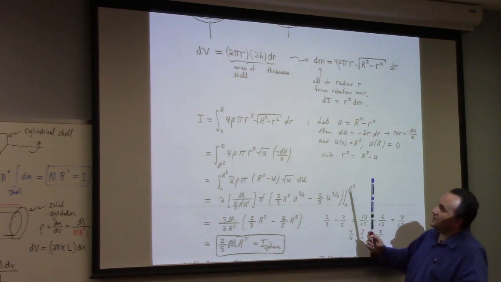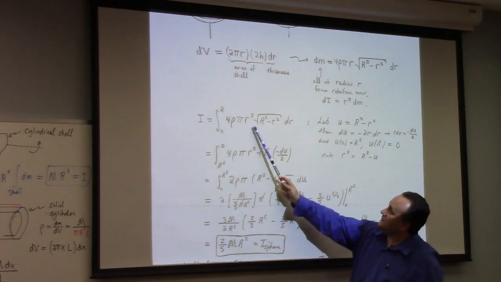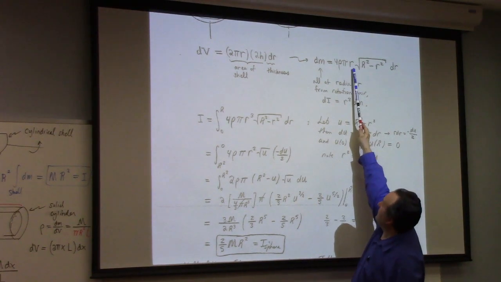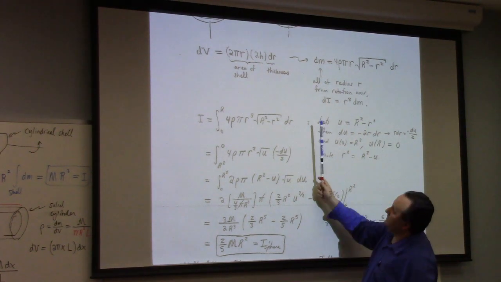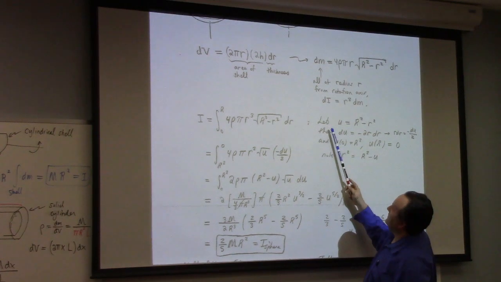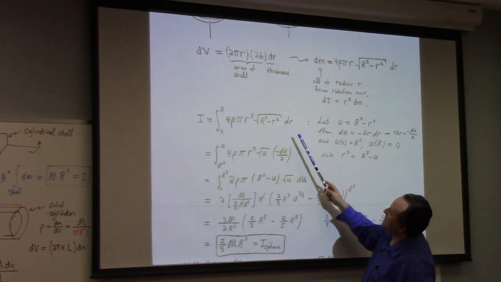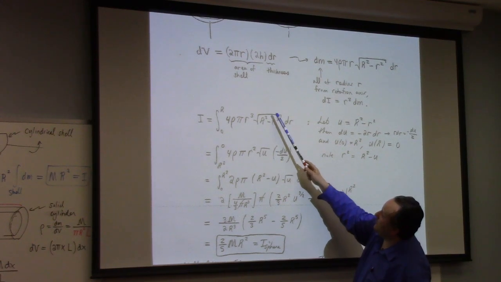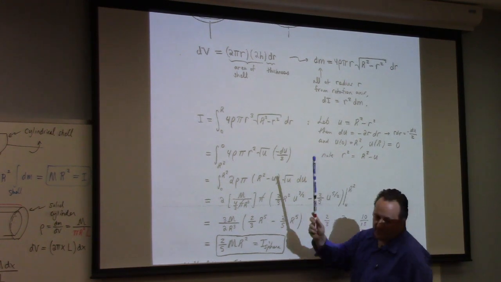Anyway, so here the thing that makes this tricky is r is variable. The part that's a little bit tricky is h is written in terms of r.